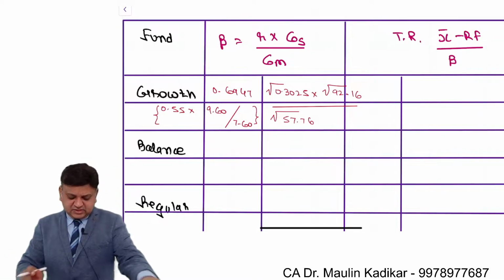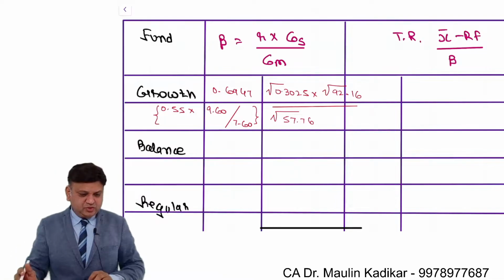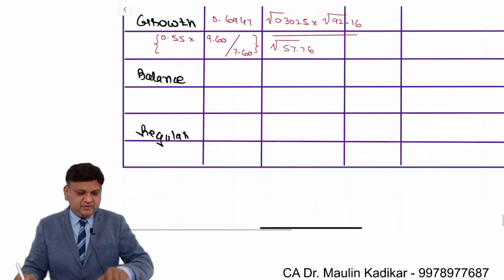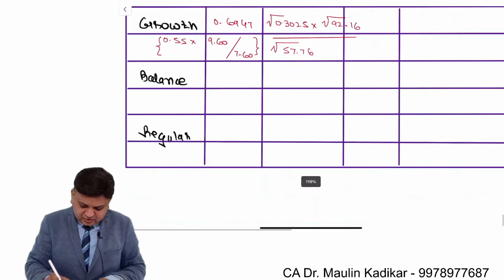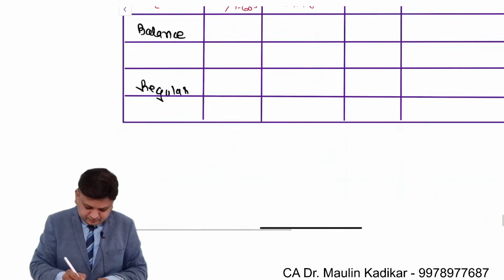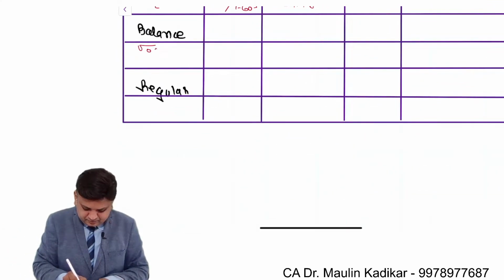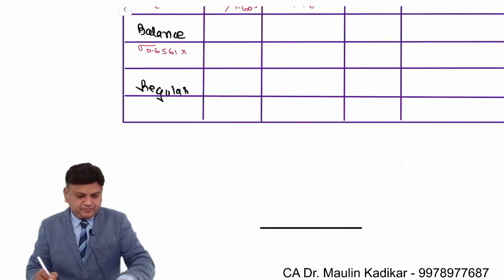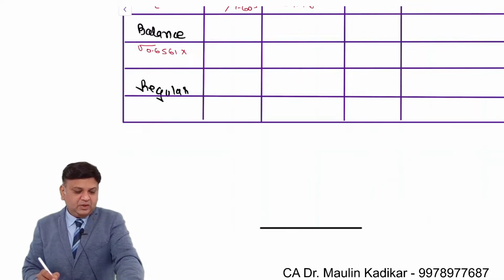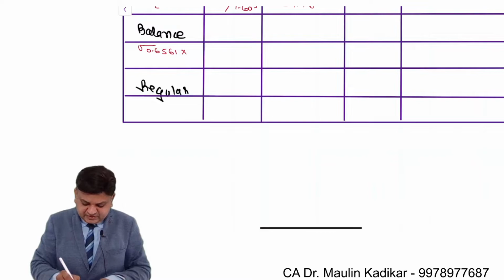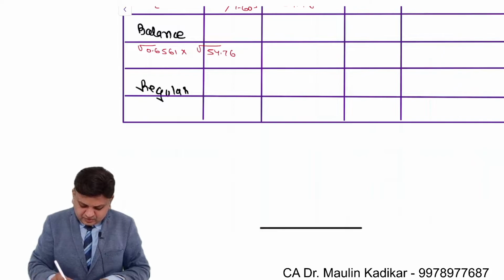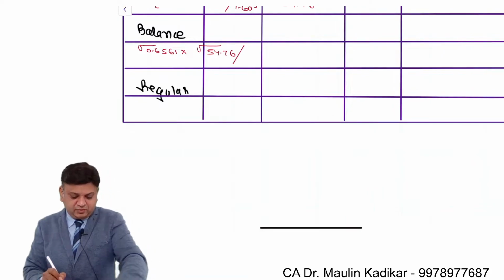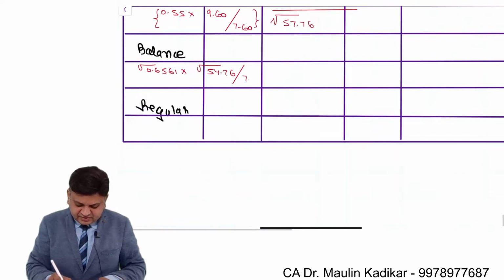Now similarly for the next, the mutual fund, we have been provided with the R square as 0.6561. So we'll take the square root of 0.6561 into the square root of 54.76, divided by the standard deviation of the market portfolio, which is 7.6 percentage.